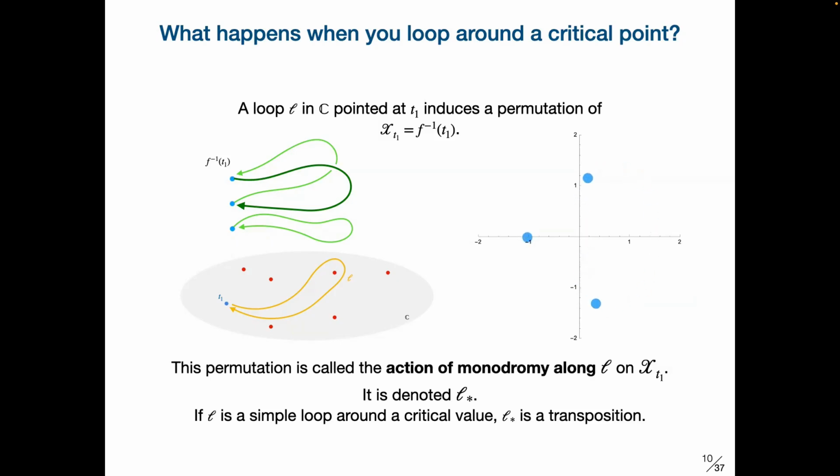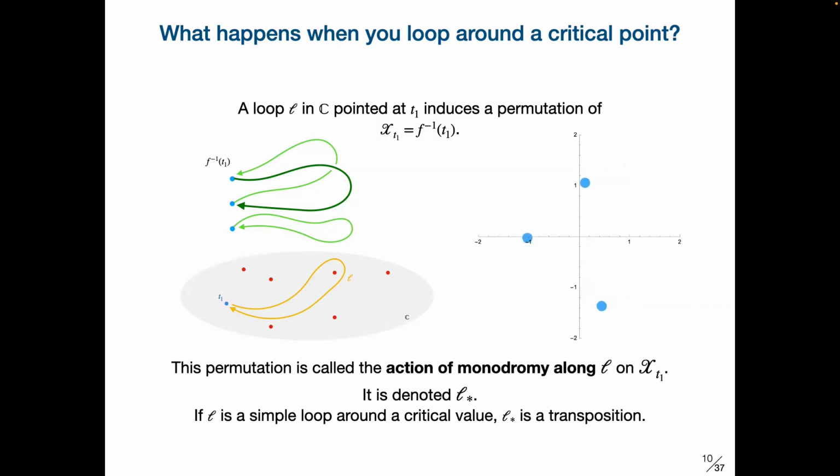But the idea is that if you choose a basis of these loops that are simple loops around the critical value, so they go around only one critical value and only once, then lifting this loop to a loop is not interesting because the initial loop you can contract to a single point. So this will also be true once you've lifted it into the algebraic curve. So from the point of view of homology, this cycle here obtained from this green loop is 0.